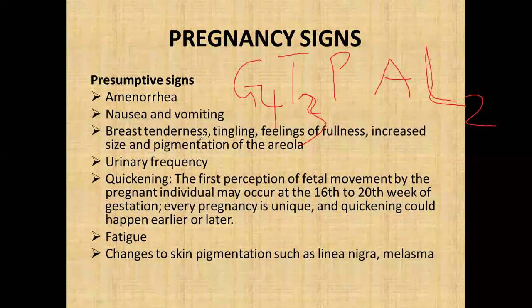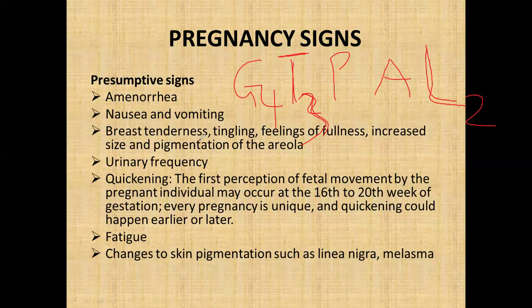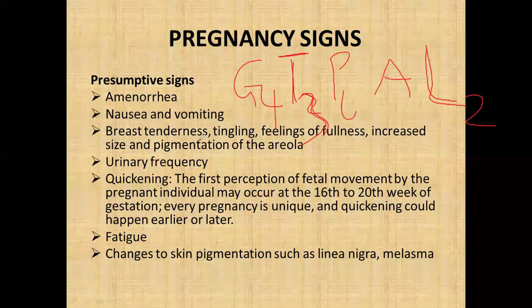So it means that now the total number of term gestation will be three. And so when you add the current pregnancy to this three, you are getting four. So here will be zero, here will be zero. Is it clear? Okay.